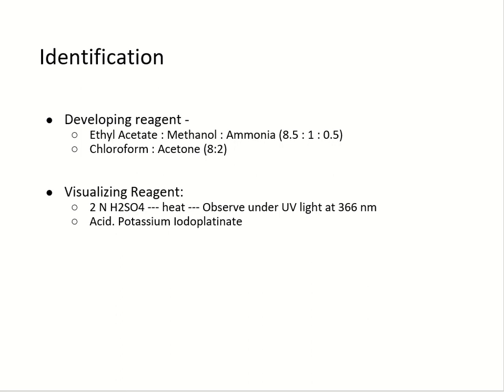Visualizing reagent can be 2 normal sulfuric acid, and then it is heated and observed under UV light at 366 nanometer. Another spraying reagent used can be acidified potassium iodoplatinate.